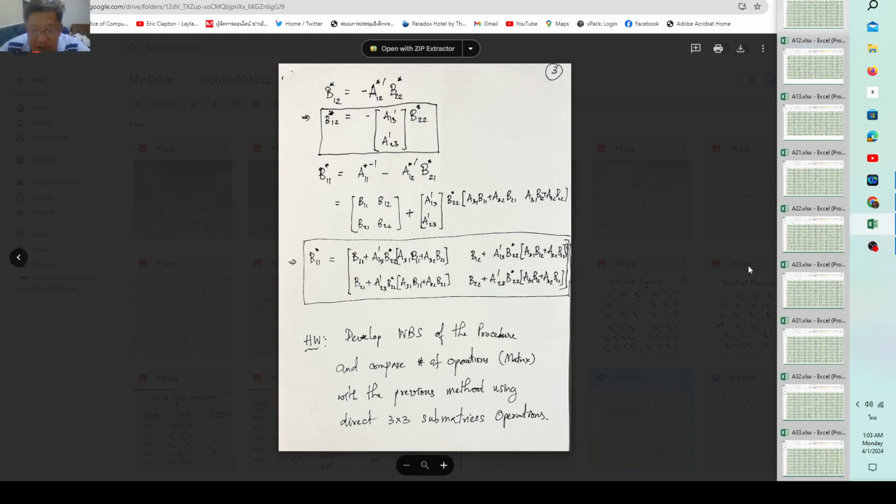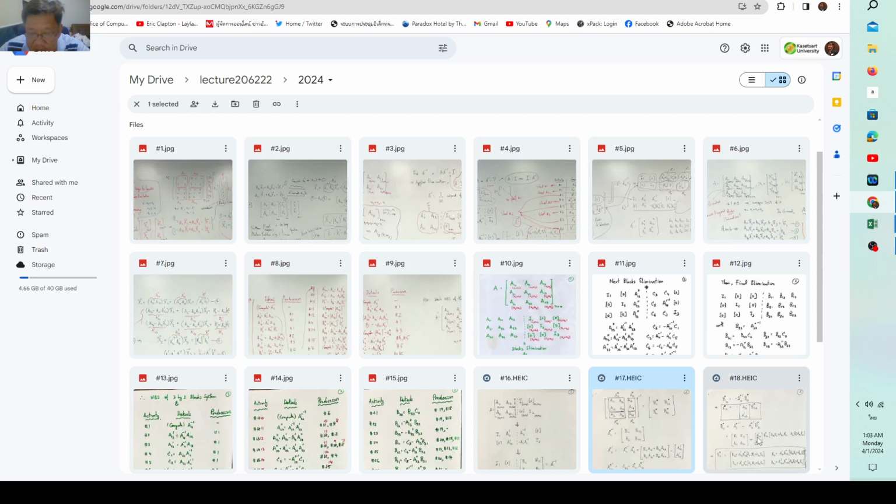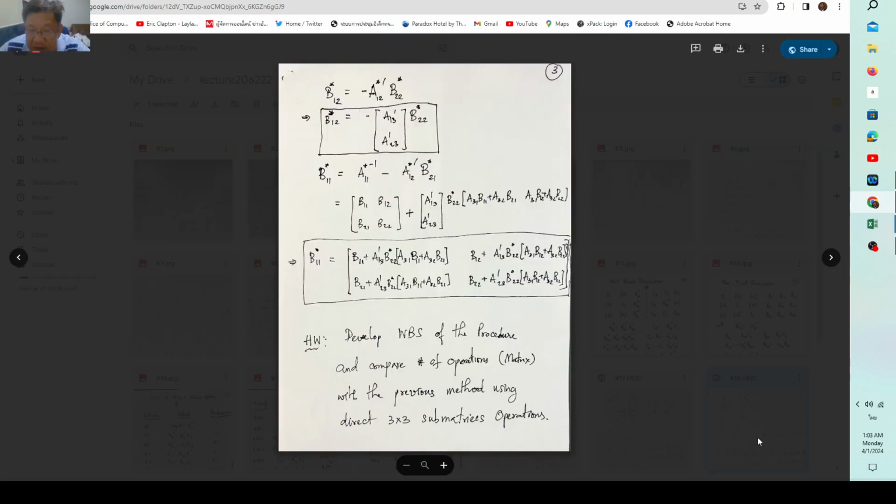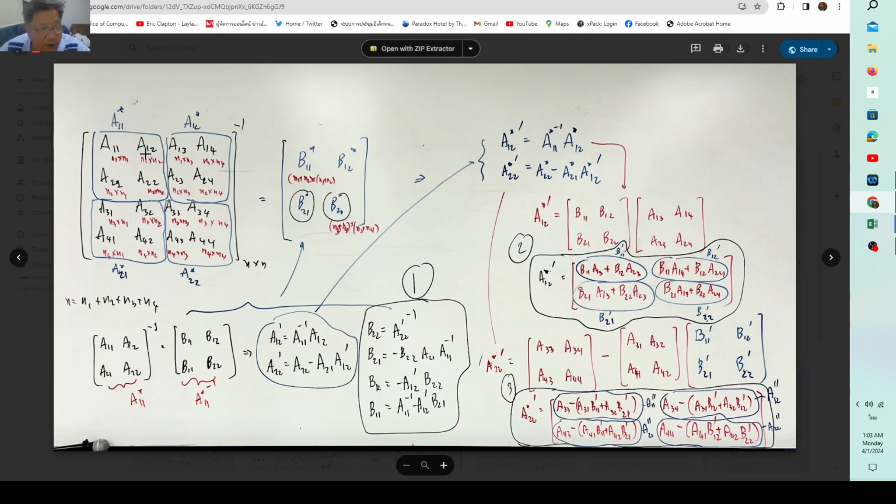Moreover, okay, sorry, I also extended for 4 by 4 here, inverse of 4 by 4. So each part of this becomes a 2 by 2, right?